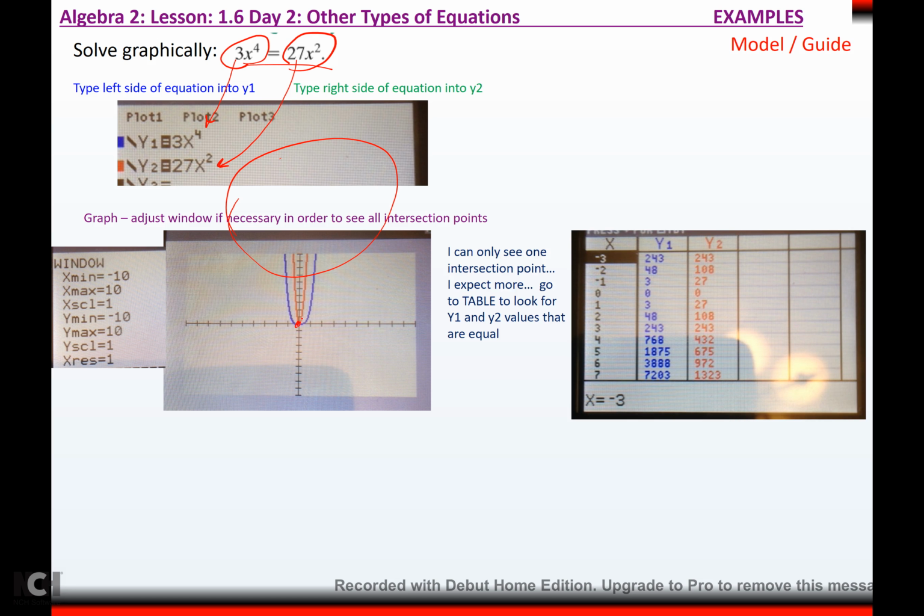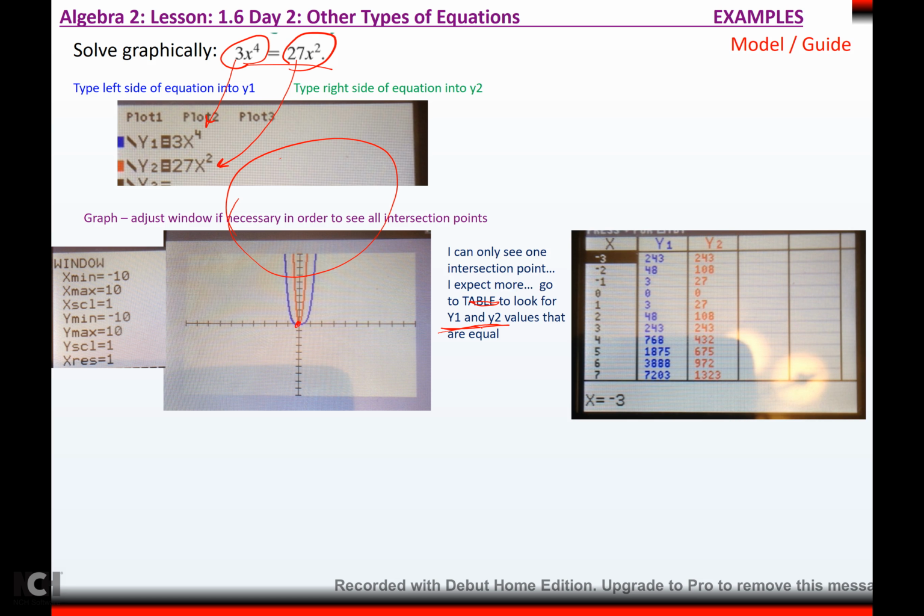So if you want to get a clue to what to set your window at, you can go to the table, and what you're looking for is when y coordinates are the same, because when y coordinates are the same, you have found intersection points. And if I look right here, here, and here, you see how y1 equals y2, y1 equals y2, y1 equals y2?